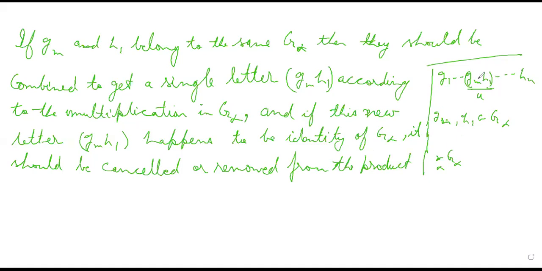If GmH1 happens to be the identity of G alpha, then we will just remove it and we will write what? We will just write G1, G2, up to Gm minus 1, and then GmH1 we will remove, and next we will write H2, H3, and so on, Hn. Now this allows Gm minus 1 and H2 to be combined if they are from the same G alpha, right?